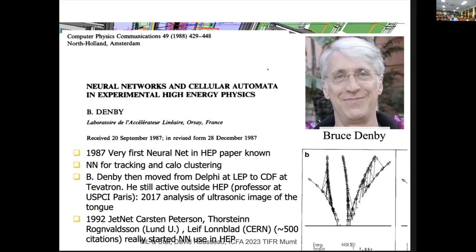There were 3 surprises. The first surprise is that the paper was about doing similar things on tracking and calorimetry. So very similar to what I just showed, except of course 30 years later the algorithms are much more sophisticated.